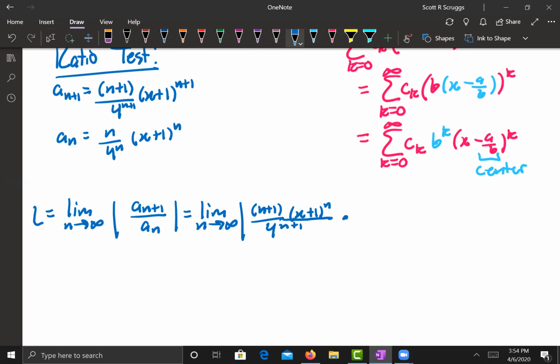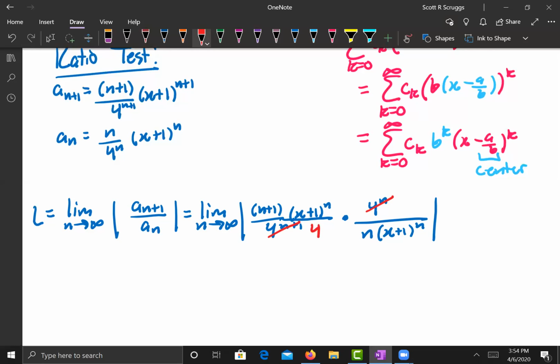And then I'm going to multiply it by the reciprocal of a of n, which in this scenario will be 4 to the nth power divided by n times (x plus 1) to the nth power. And now let's try to simplify this guy to make it look pretty and not ugly. I have a 4 to the nth power. I have a 4 to the n plus 1 in the first denominator. So that means I have just 4.